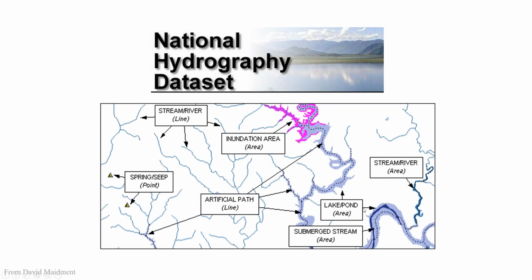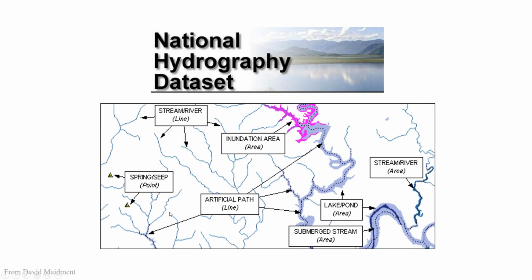Within the National Hydrography Dataset, one of the interesting things is everything is given a sort of double-barreled name. Rather than just calling something a river, it's a stream river represented as a line, or a spring seep represented as a point. Sometimes they create artificial lines going through reservoirs. You might have a submerged stream. They've got encodings for all of these, and these are the attributes associated with the dataset.